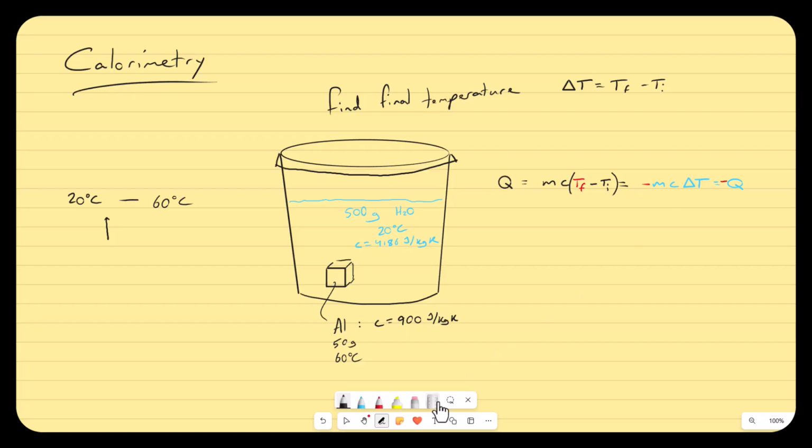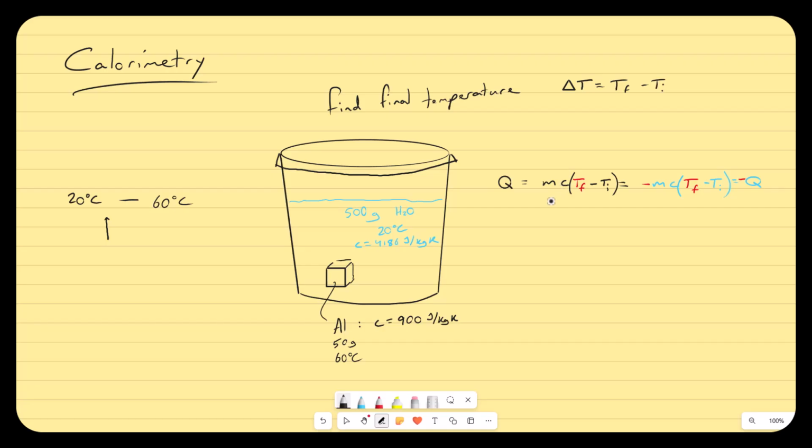And I'm going to do the same thing over here. So I'll move this over just a little bit first. But for the water, I'm going to have a T final minus T initial.